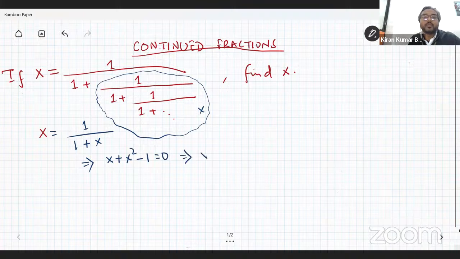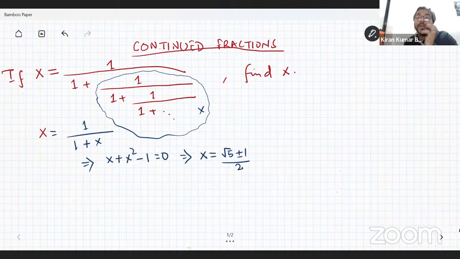Then by the quadratic formula we find x equal to root 5 plus minus 1 by 2, right? This is the simplest case of a continued fraction. We'll come back to it at the end of our discussion, why this continued fraction is important. It will be interesting. We'll connect it to something really very interesting.